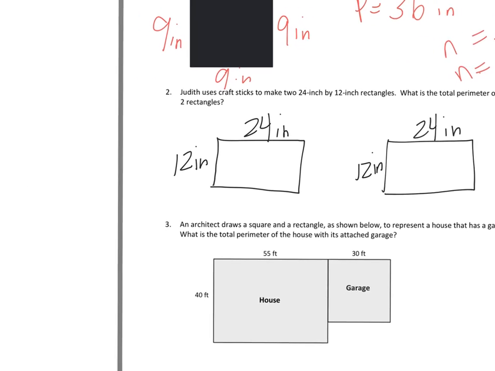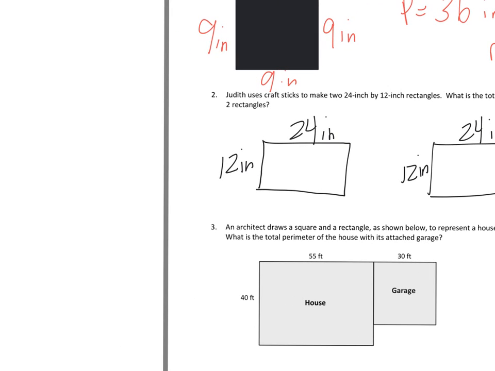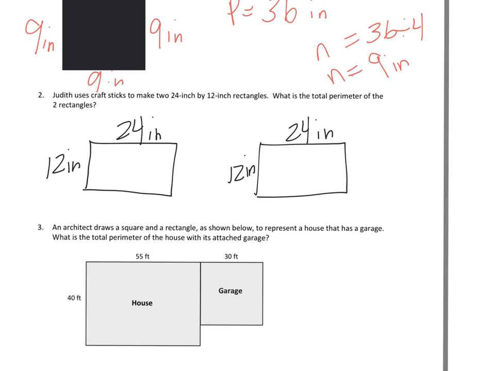So off to the side, I'm going to show my work here. And I'm going to have the perimeter equaling 2 times 24 plus 2 times 12. Or I could do 24 plus 24 plus 12 plus 12.